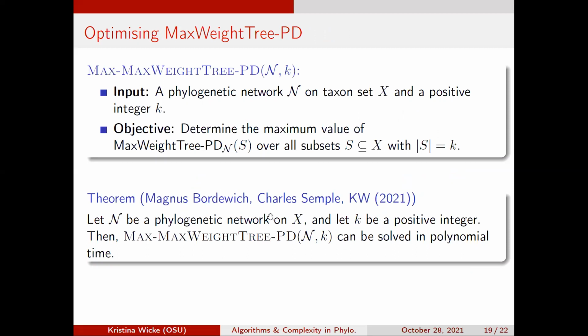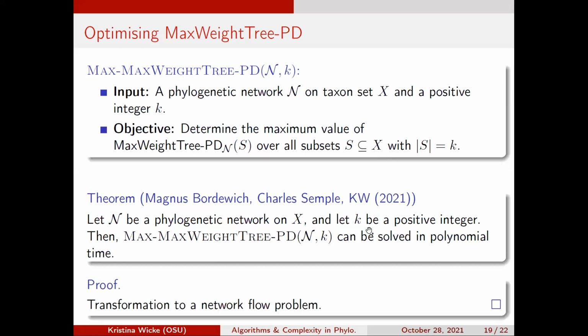So this is one measure where it's solvable in polynomial time. The idea is that we take the problem of determining the max weight tree PD score, and translate that into a network flow problem.